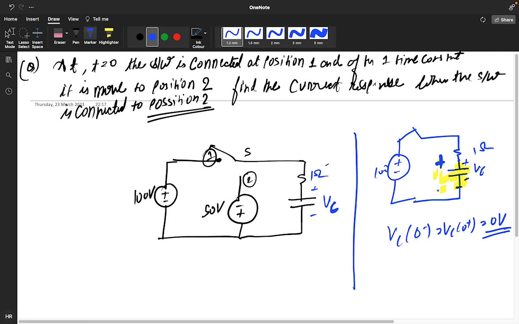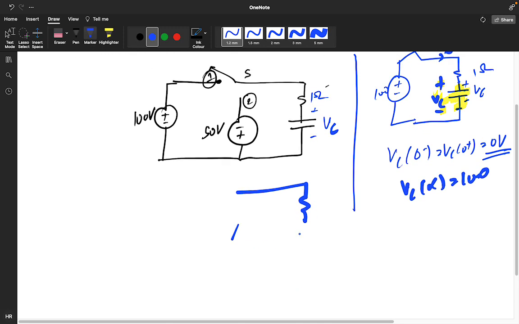Open circuit means current is 0, so Vc of infinite is 100. And seeing from the capacitor's point of view, it is short circuited, this is 1 ohm. Seeing from here, the R equivalent you are getting is 1 ohm.